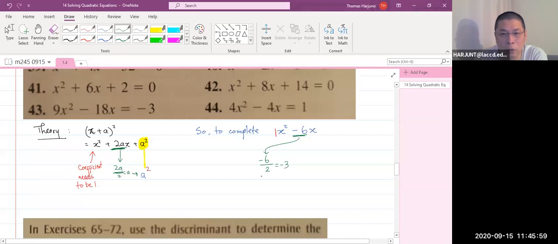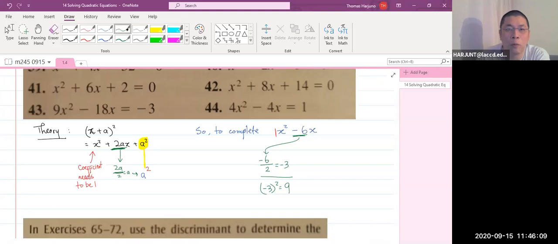Now, whatever the quotient, you square it. So always divide by 2 and then you square it. Okay, so to complete this expression, x squared minus 6x, we add 9.